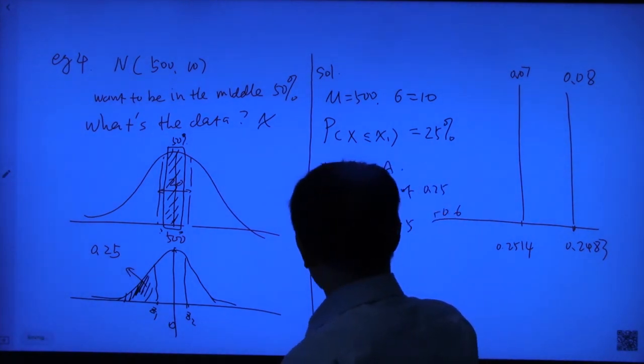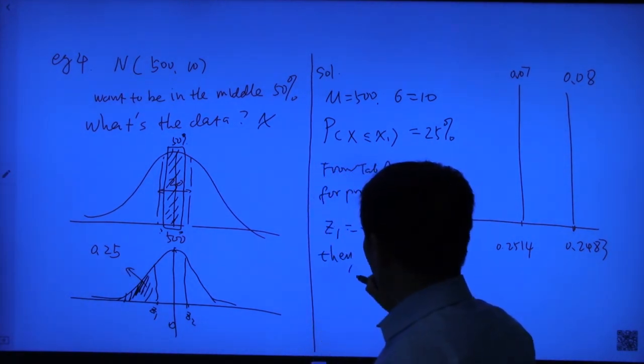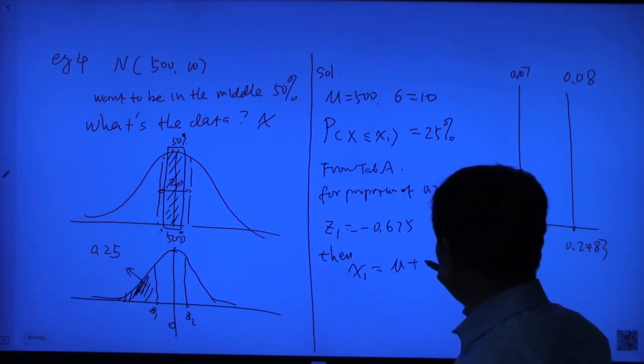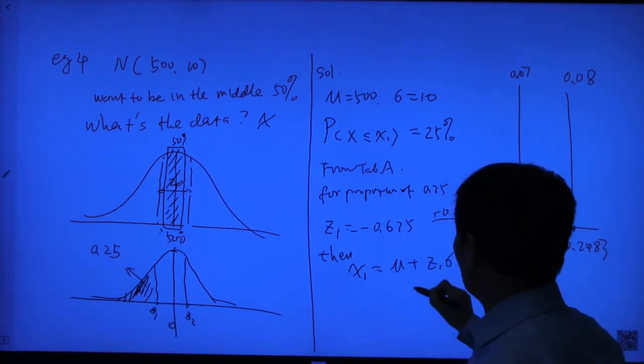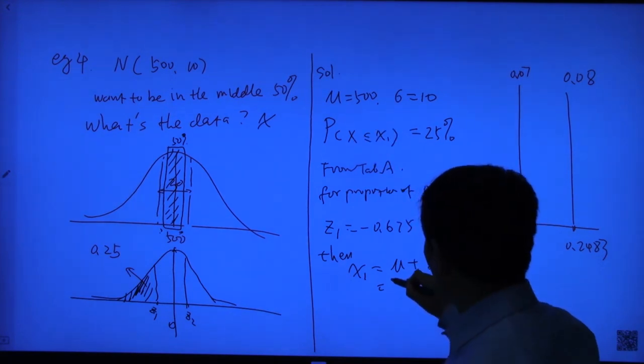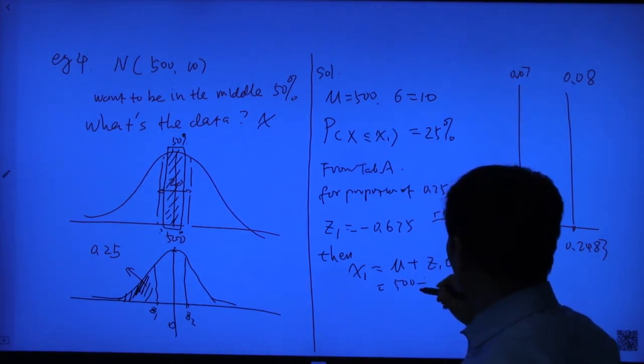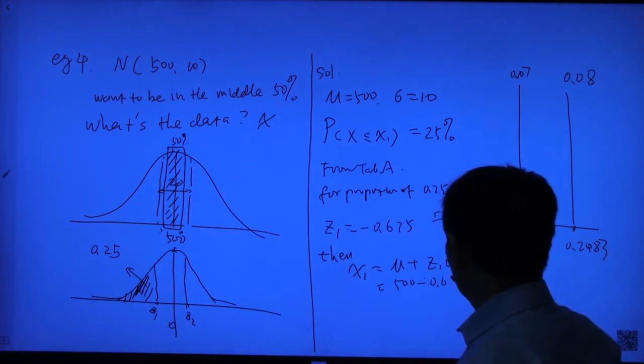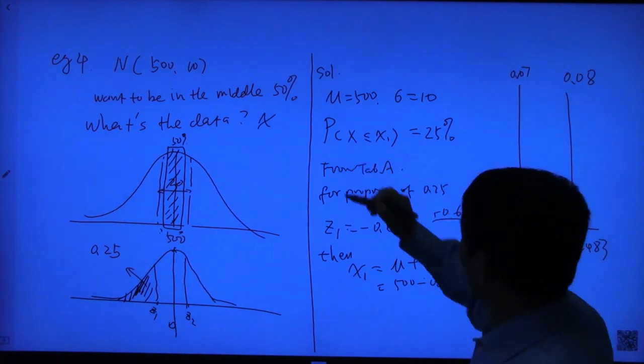Then use the inverse formula: x1 equals mu plus z1 times sigma, which equals 500 minus 0.675 times 10.